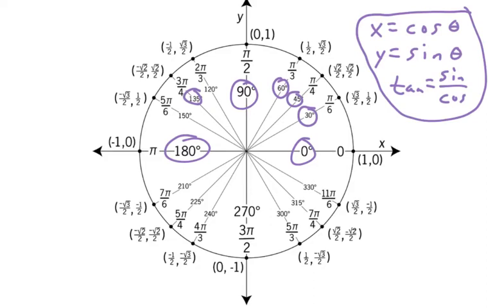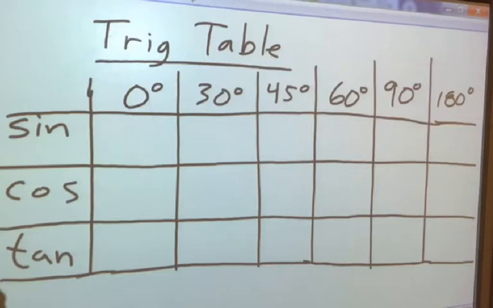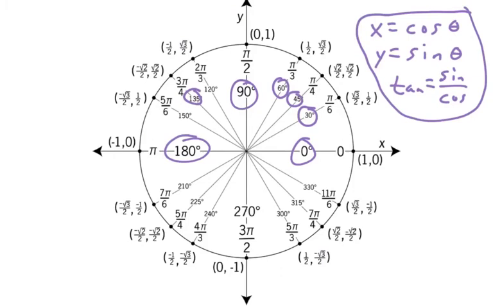So, let's complete the trig table that we did at least once in class. For example, if I want to know the sine of 0 degrees, well, I know sine is y. And at 0 degrees, the y is 0. The x, or cosine, is 1. Okay? So, remember, x is cosine, y is sine.